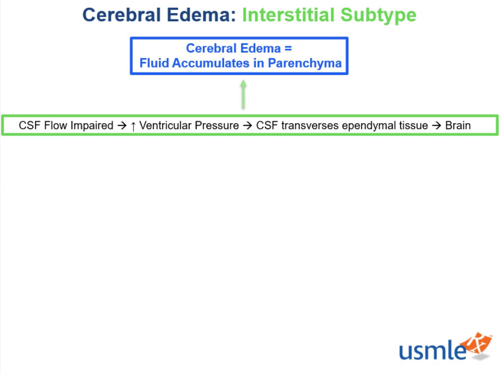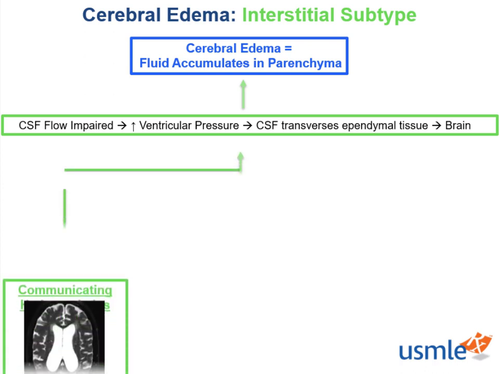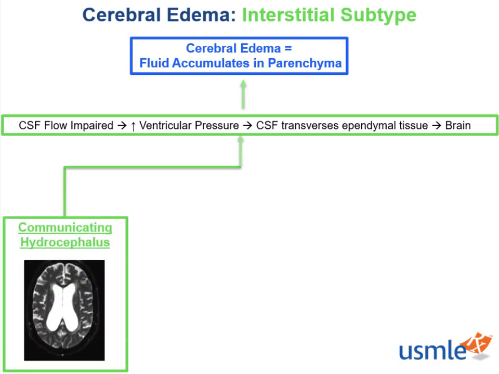Impairment of normal CSF flow can be caused by communicating hydrocephalus, so called because the ventricles can communicate via CSF with one another. There are no physical blockages in the ventricles. However, the arachnoid granulations cannot absorb CSF into the venous system for reprocessing.